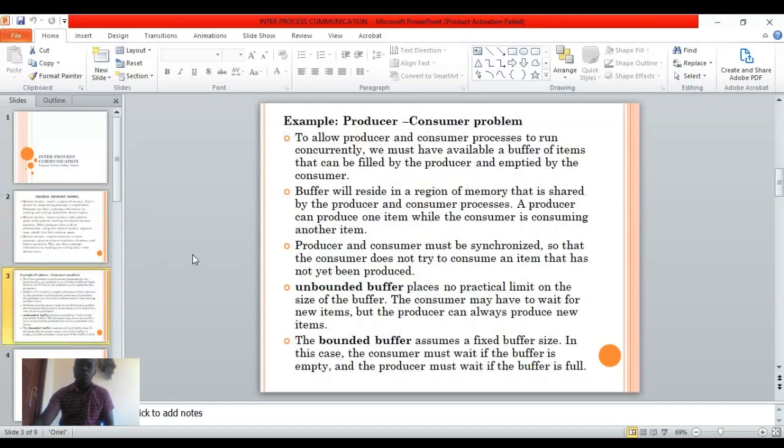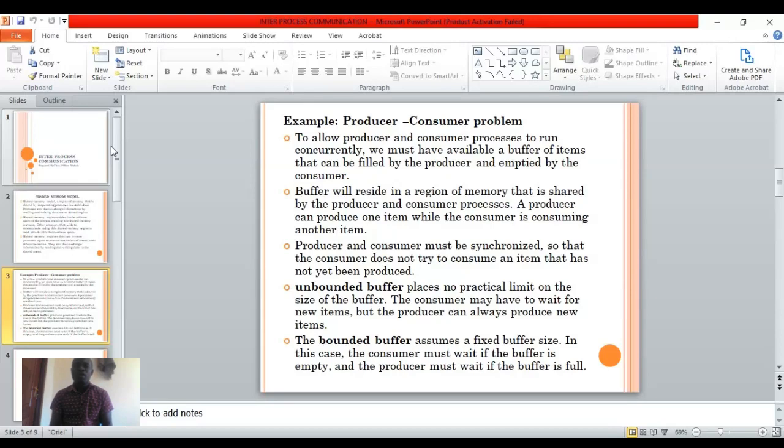this model is what we call the producer-consumer problem. In this case, we have a producer process and a consumer process that want to run concurrently, at the same time.